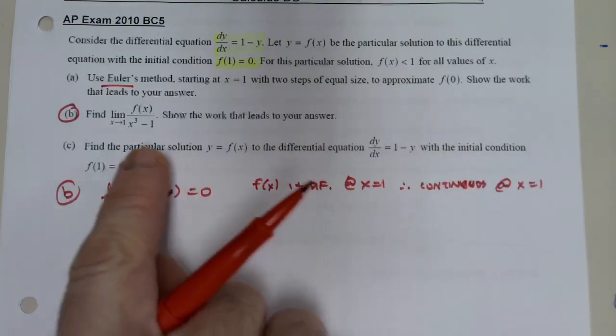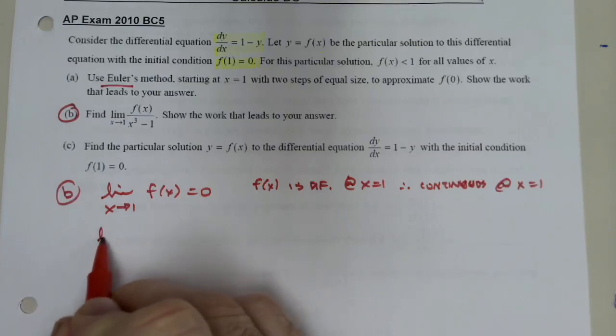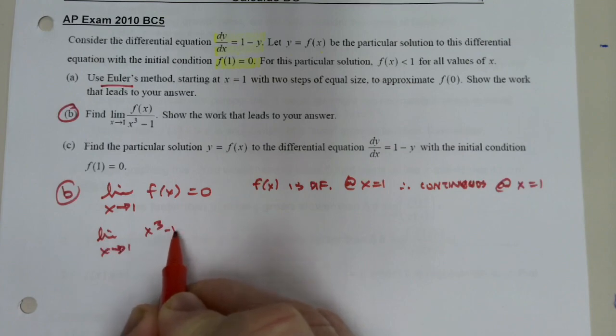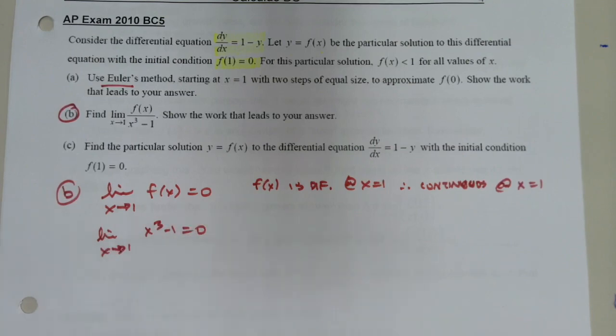And then in our denominator, let's evaluate that. The limit as x goes to 1 of x cubed minus 1, of course, is going to be 0. Okay?